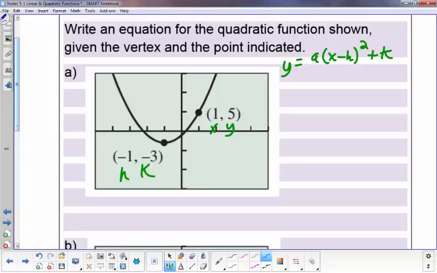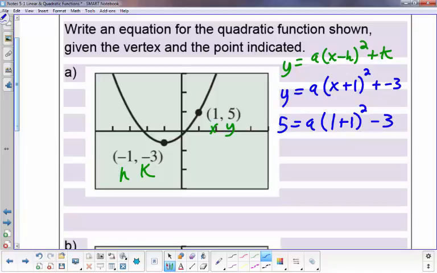So we can plug our values in here. We get y equals a times x plus 1 squared plus k, which is minus 3. Now, since we have h and k and we know an x and y, we can plug x and y in. We get 5 equals a times 1 plus 1 squared minus 3.